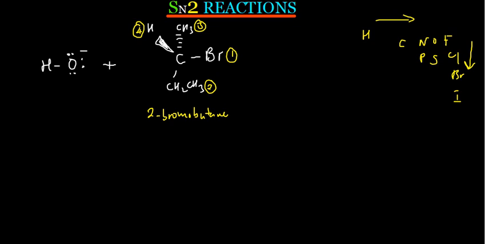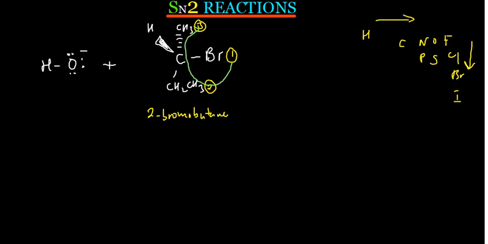Now you need to make sure that the fourth group is in the back, not in front. From what we are able to see, this one, from the stereochemistry, is in front. So you connect these numbers: position number 1 is here, position number 2 is here, position number 3 there.